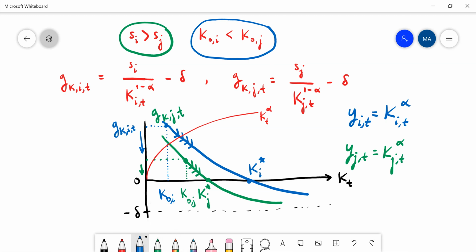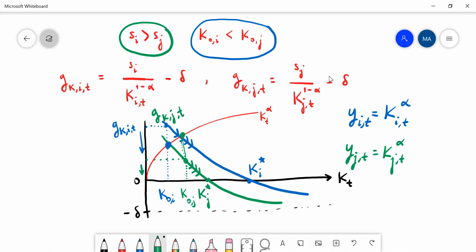Initially, the blue economy is here, and the green economy is here. So initially, green is richer than the blue one. J is richer than I. Look at this. Green is here, blue is here.